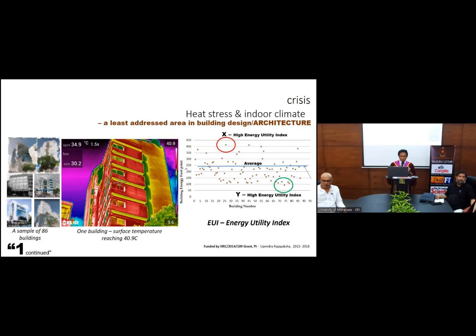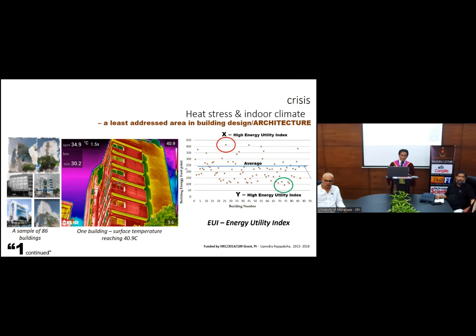So there are 86 buildings. I'm unable to show the real pictures, because with all due respect, I'm going to show this as a lesson for learning. So then we collected data and calculated the energy utility index of all these 86 buildings.